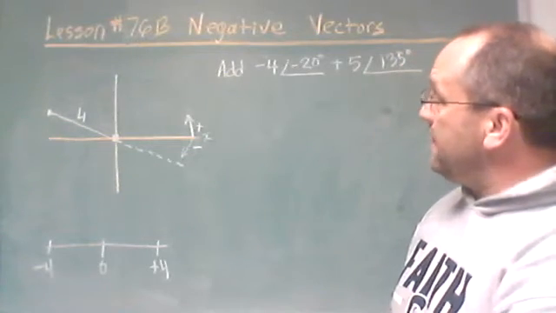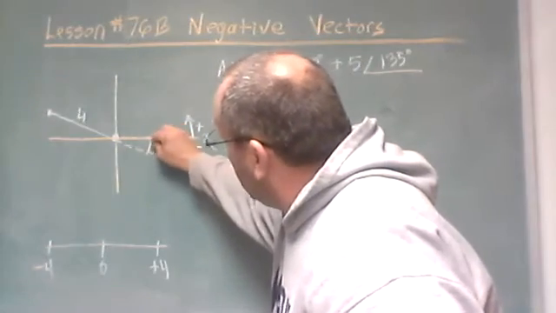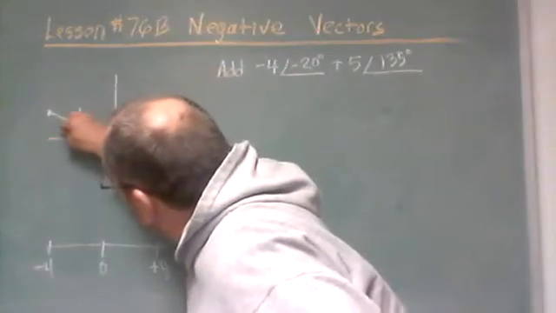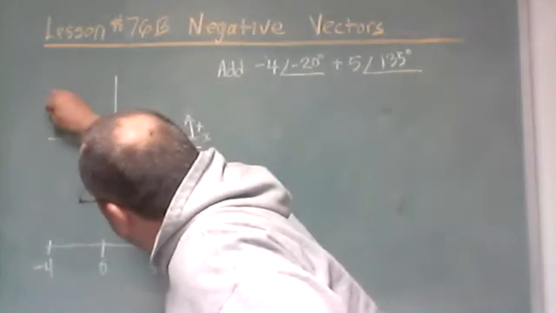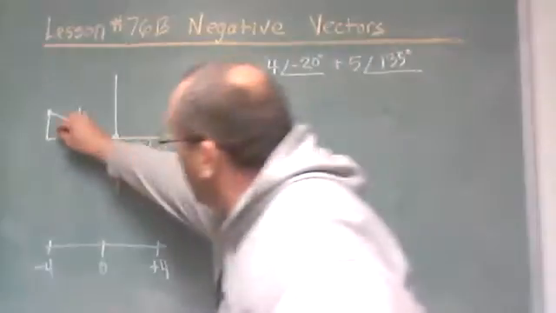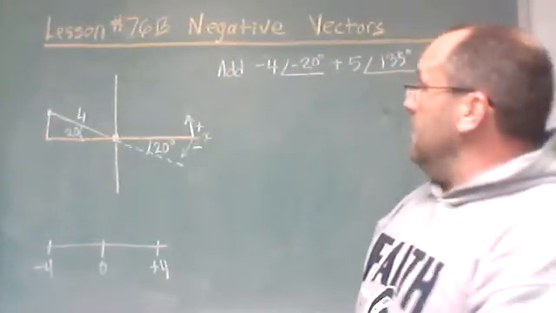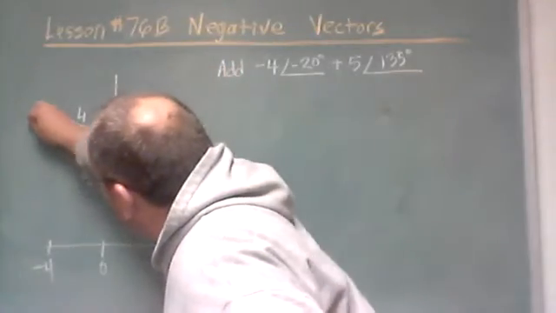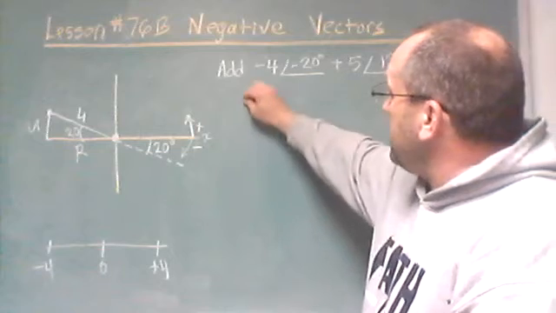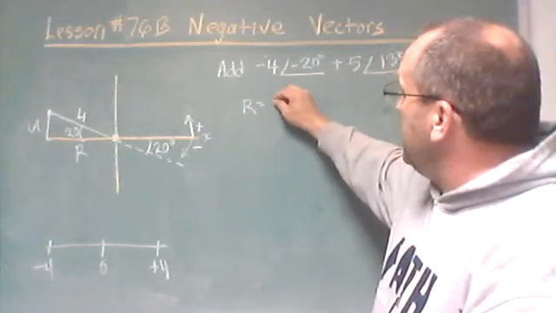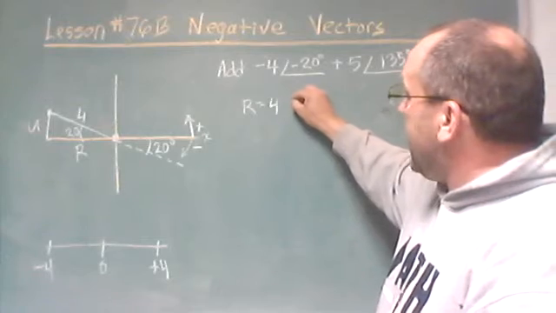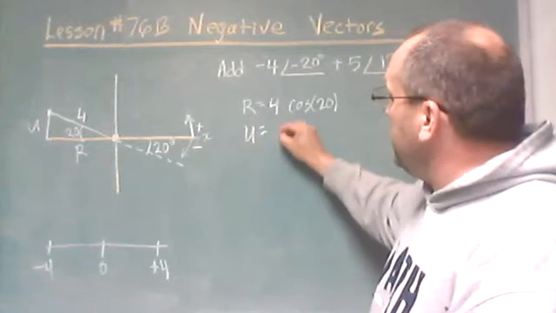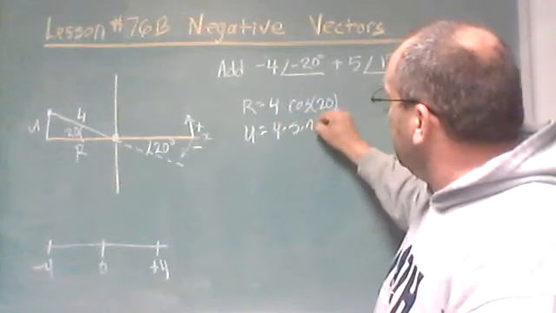And so what do we do there? This was -20 degrees. We have vertical angles here, so this is 20 degrees. We complete our reference triangle back to the x-axis. To find our right-left component and our up-down component, our right component is going to be the hypotenuse times the cosine of 20, and our up-down component is going to be the hypotenuse times the sine of 20.